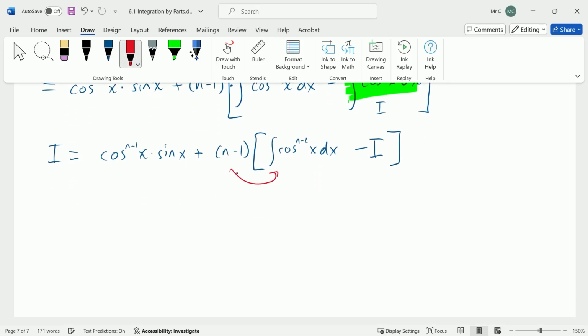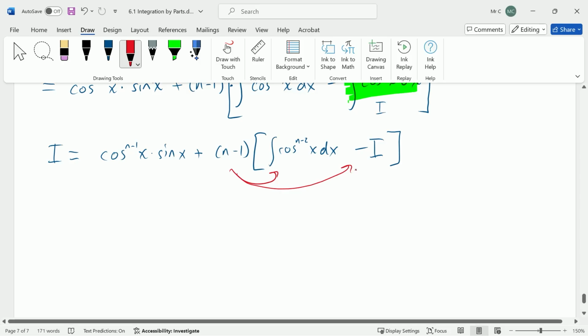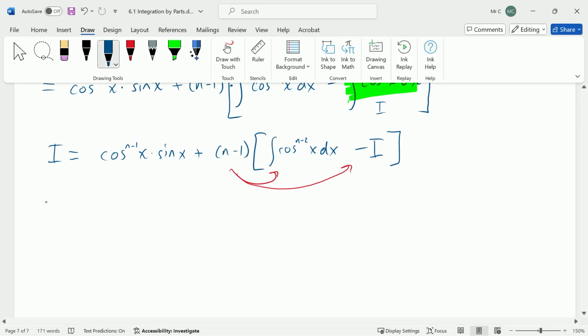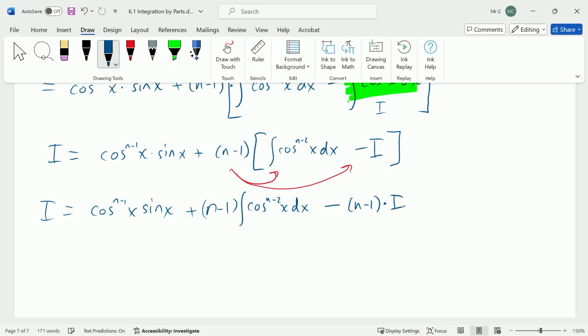So I distribute this n minus 1 across here. And so I equals cosine to the n minus 1 power of x, sine of x, plus n minus 1 times the integral of cosine to the n minus 2 power of x dx, minus n minus 1 times I. So now I just have to add the expression involving I to the other side.